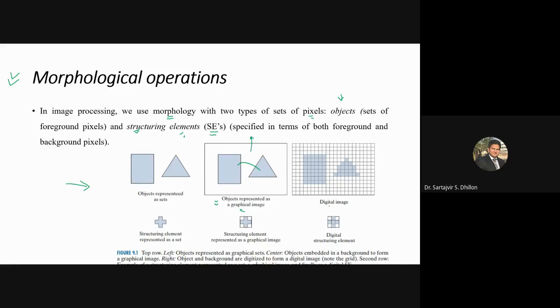And this is how it looks as a digital image. The bottom row represents the structuring element, which is represented as a set, in a graphical image and in digitized format.